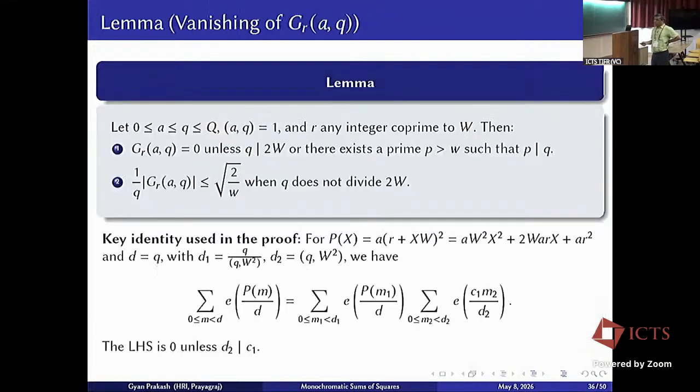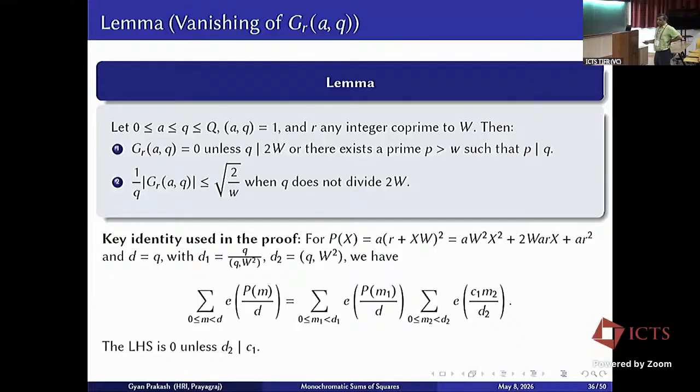So now the point is that if P(x) is equal to this polynomial A into (r plus W) squared, and you define D as q, with D1 equal to q over q squared and D2 equal to this, then you can write this sum as the product of these two sums, namely over 0 less than or equal to m1 less than D1, into 0 less than or equal to m2 less than D2. I will prove this in the next slide. Before I give a proof of this, let us see what the consequences are.